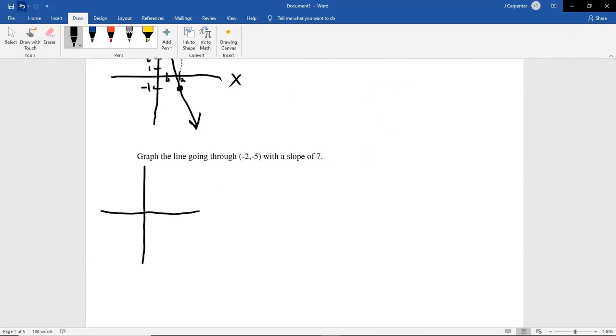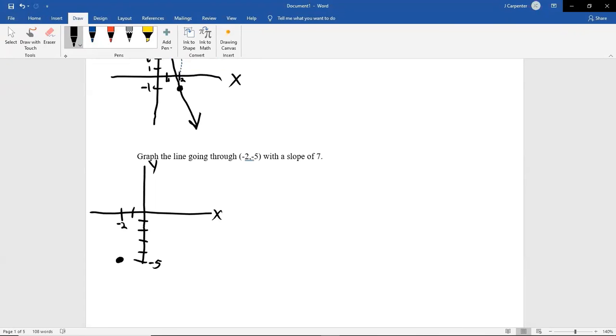I could have done better. Label our axes doing this by hand. So -2, -5 is left 2, and then down 1, 2, 3, 4, 5. So here's that first point.